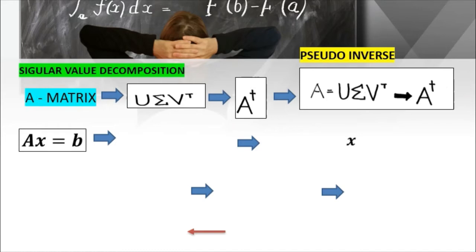Then we are going to substitute the value of A, which is equal to U sigma V transpose, into our equation Ax equals b. Now we will have U sigma V transpose times x equal to b.